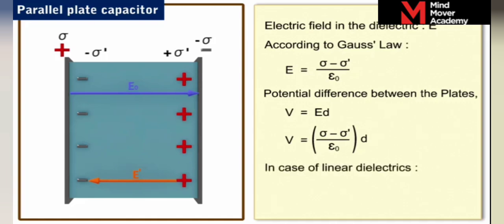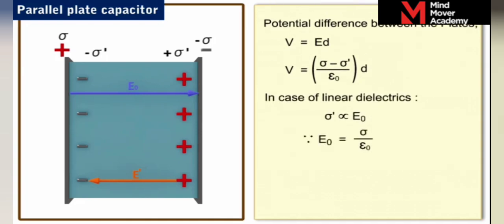In the case of linear dielectrics, sigma dash will be proportional to the external electric field strength E naught. But since E naught is equal to sigma by epsilon naught, it implies that the value of sigma minus sigma dash is proportional to the sigma value.